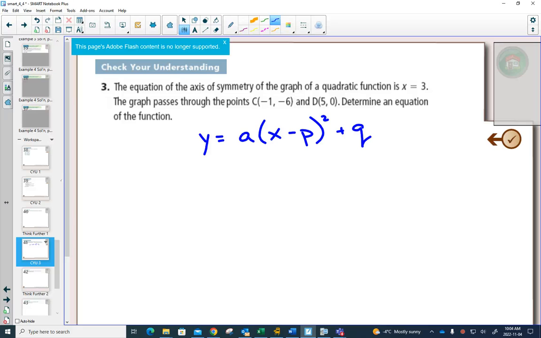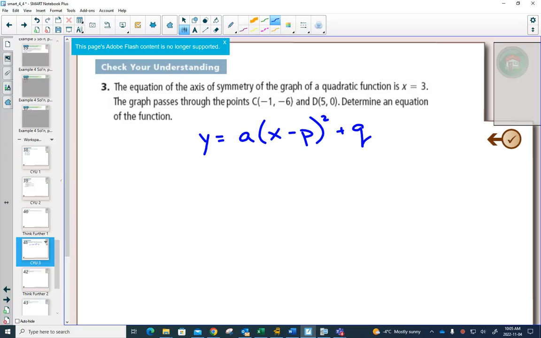And in order to write the quadratic equation, we need to find something for A, something for P, and something for Q. So there's three things that we don't know. But looking at the equation, can you see that they tell us one of them? Which number do you know, A, P, or Q, based on the information they've given?